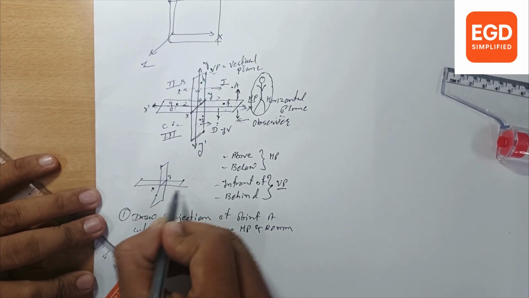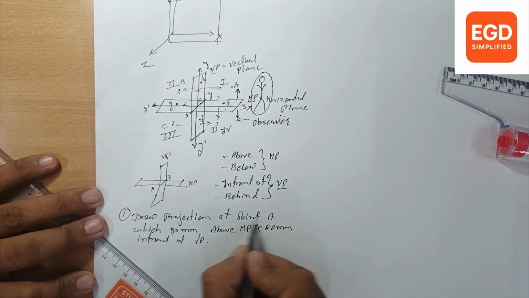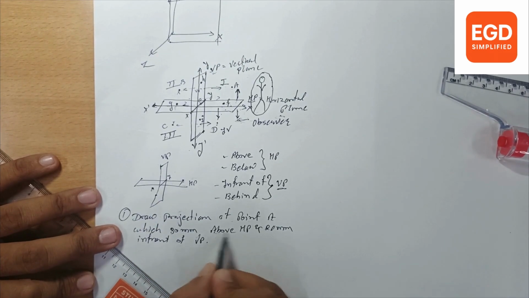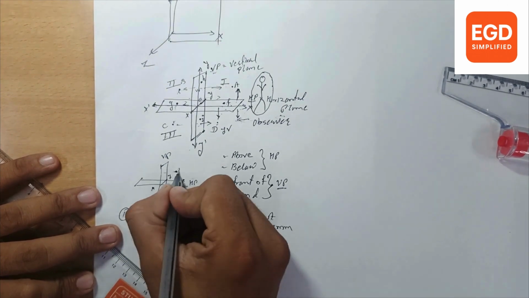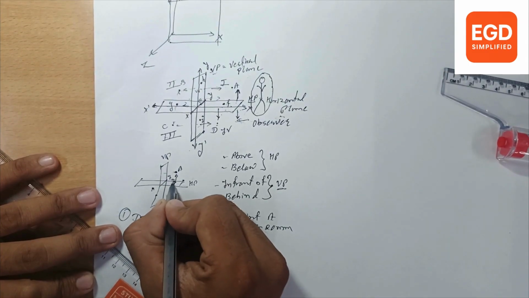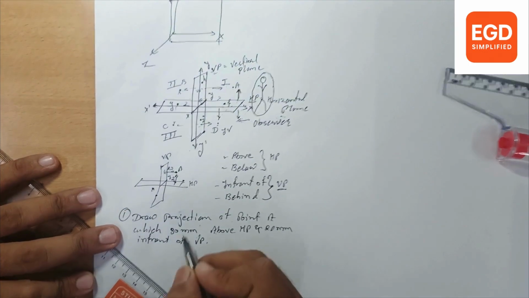This is our XY line, horizontal plane, vertical plane. We can see point A is 30 mm above HP, and in front of VP by 20 mm means here. Point A location: this distance is 30 mm above and this distance is 20 mm in front of.